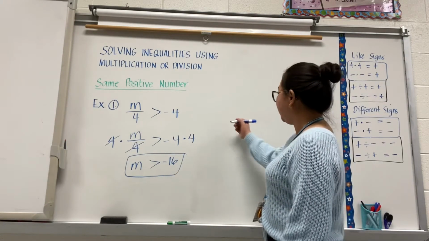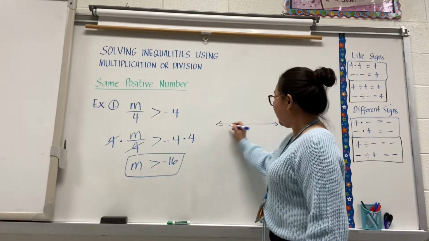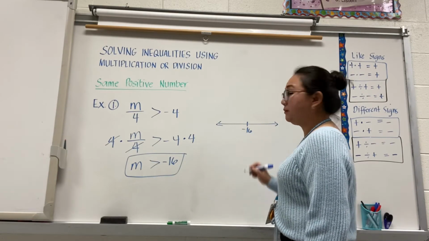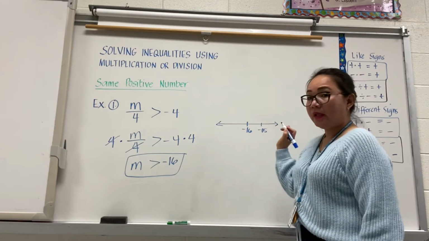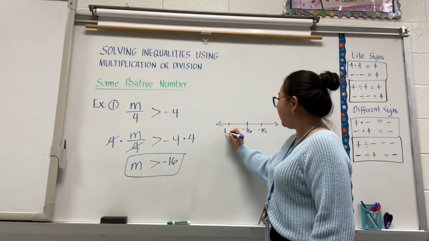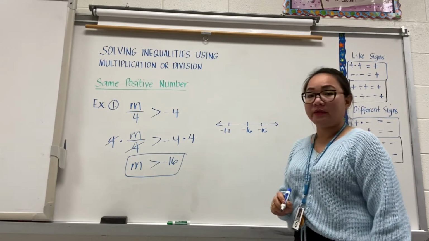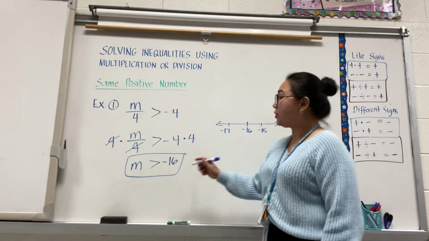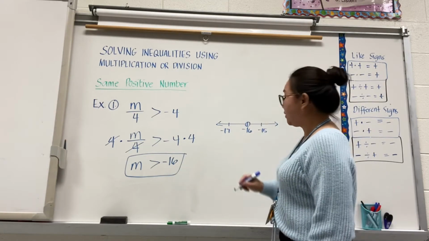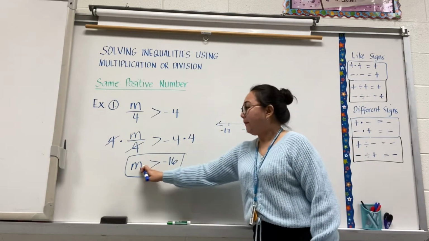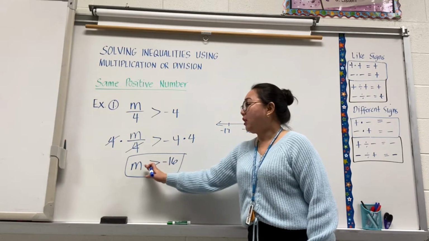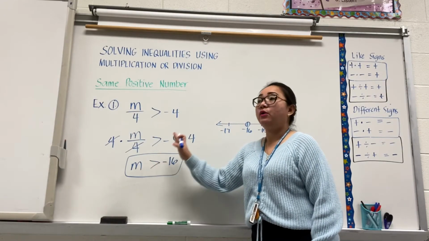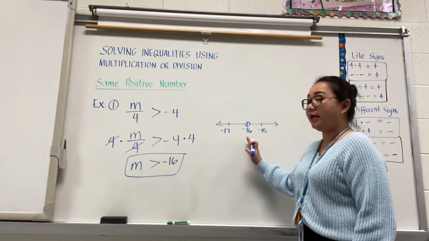Then graph the solution. Write negative 16 in the middle. Right of negative 16, we have negative 15 and so on. Left of negative 16 is negative 17 and so on. So the symbol is greater than, so we will draw an open circle. So m is greater than negative 16, which means all numbers greater than negative 16.